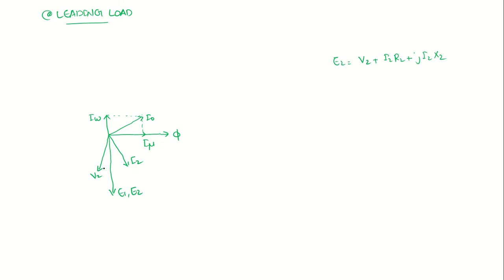Now I2 R2, അതായത് I2 in phase ആയിട്ട് I2 R2 വരയ്ക്കണം. ലെങ്ത്തിൽ വരച്ച്, this is I2 R2. ഇനി J I2 X2, അത് I2 ന് 90 ഡിഗ്രി ഇവിടെ വരുന്നത്. This is I2 X2, J I2 X2, and this is E1, resultant E1.